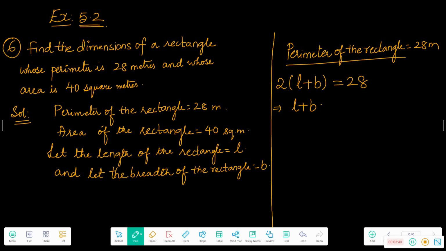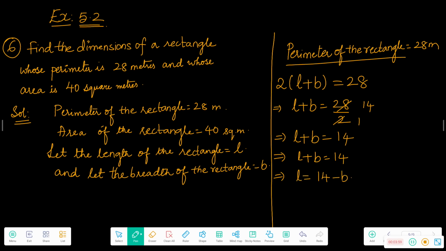So L plus B equals 28 divided by 2, which is 14. So from here we get L as 14 minus B. This L value we will substitute in the area of the rectangle.